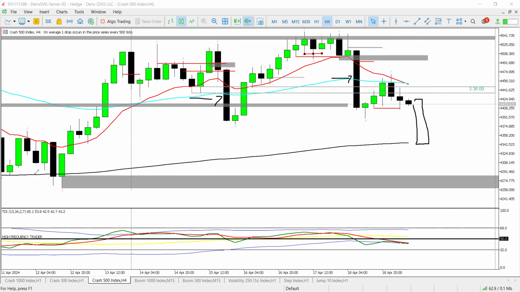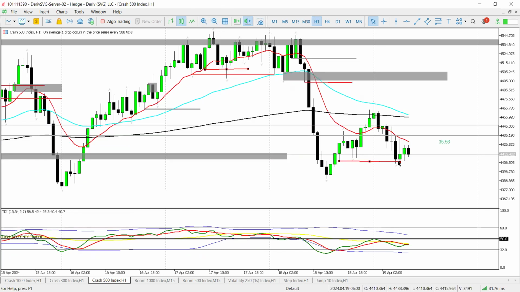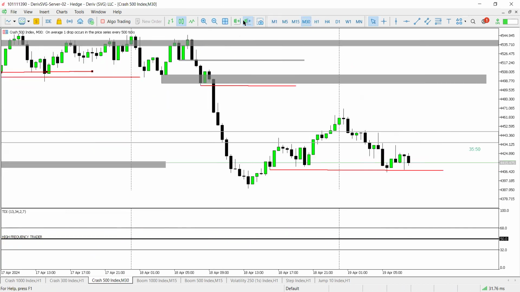So from the current market price, that's what I'm seeing. Unless maybe price decides to do something else, then we just have to trade accordingly, or otherwise you just have to trade what you see. But based on this current market price, I feel like the probabilities of us actually getting that sell are high. So we've got one position in current market price.